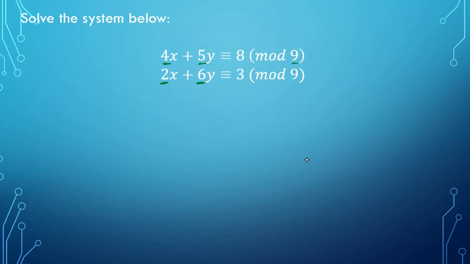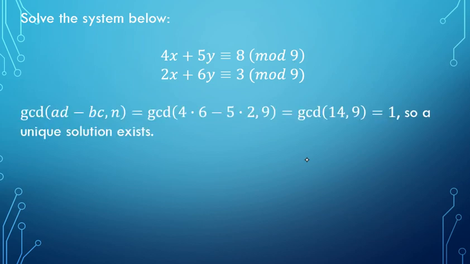So first we need to calculate a times d minus b times c. So we have 4 times 6, which is 24, minus 5 times 2, which is 10. 24 minus 10 is 14. And yes, the GCD of 14 and 9 is indeed 1. So we do have a unique solution to this given system of linear congruences.